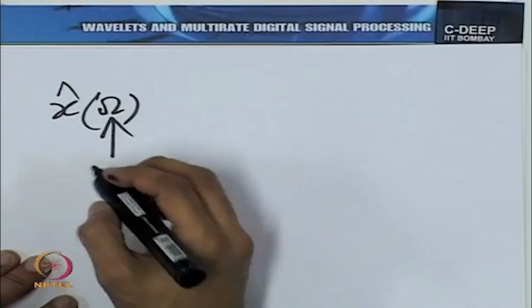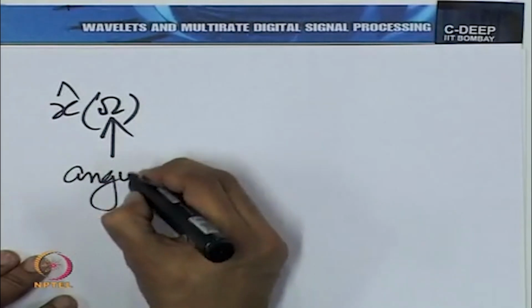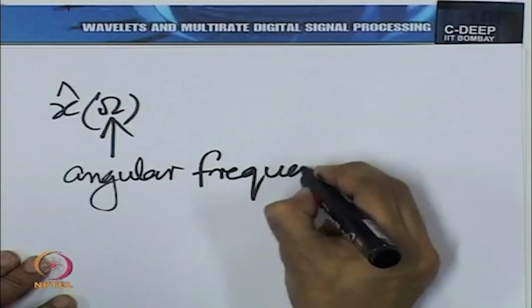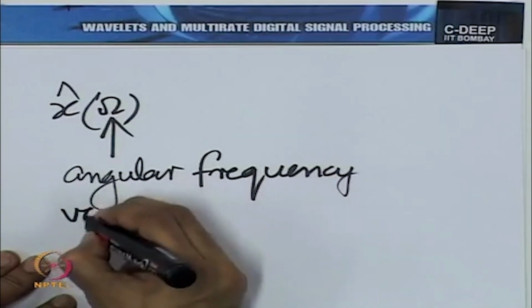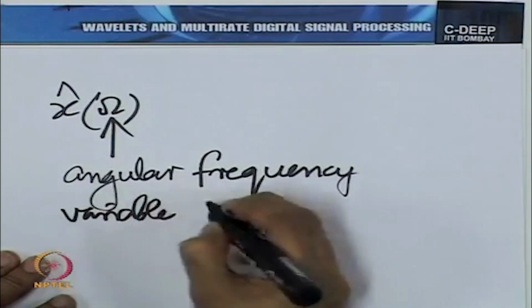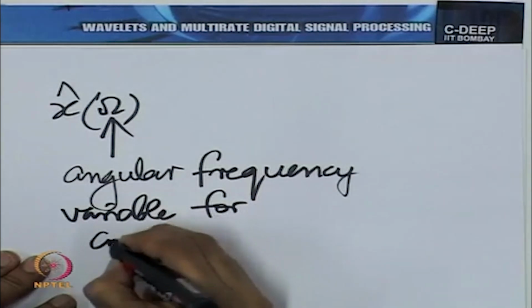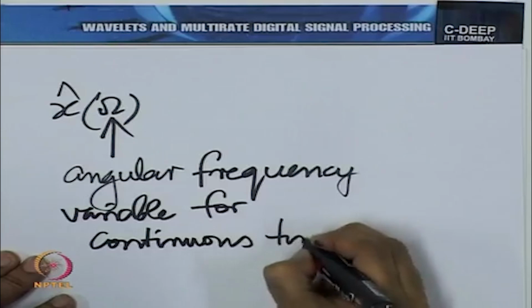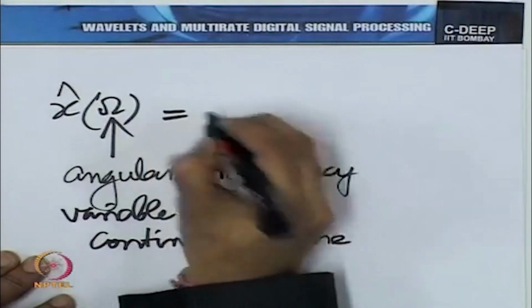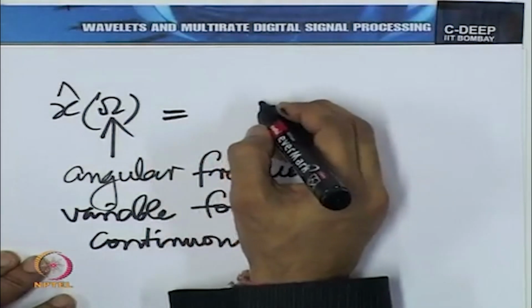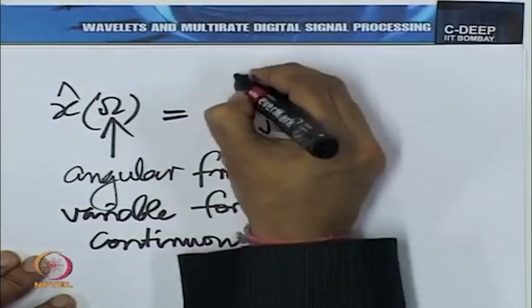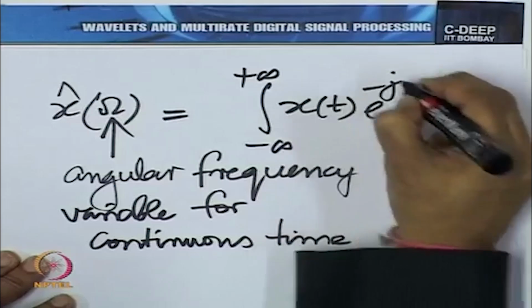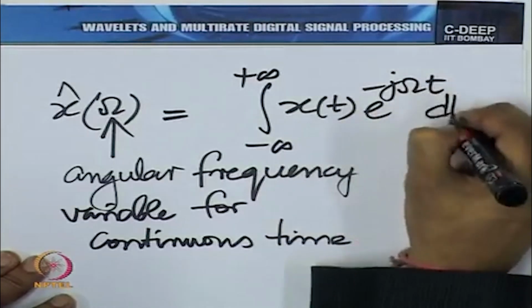So, we will use this as the angular frequency variable for continuous time, in which case x cap omega is the integral of x(t) e raised to the power minus j omega t dt.